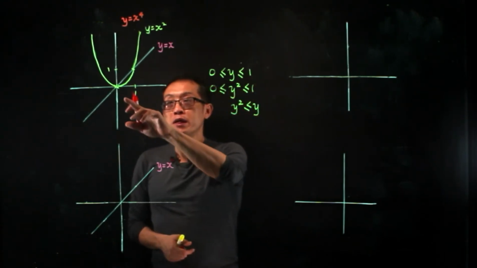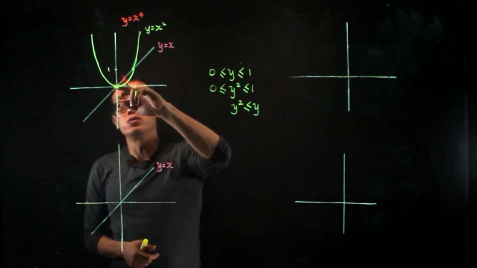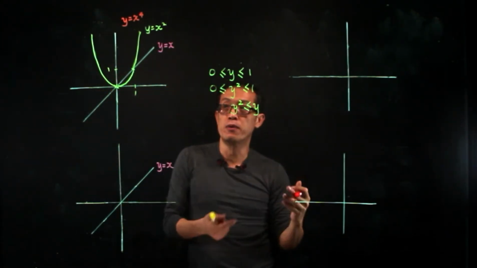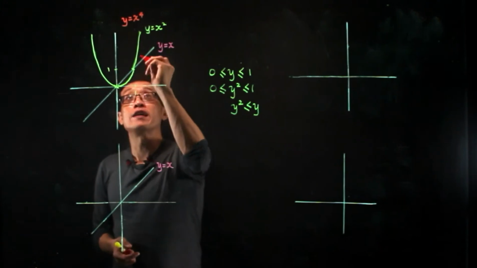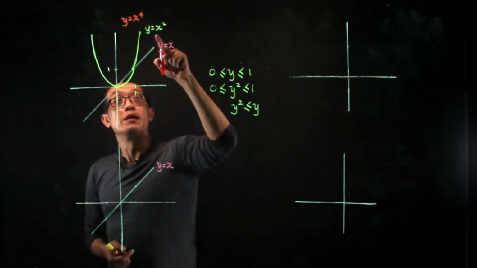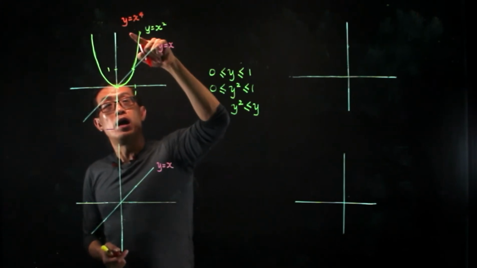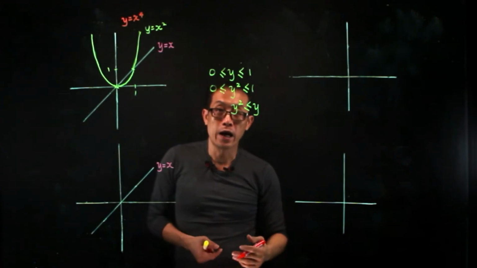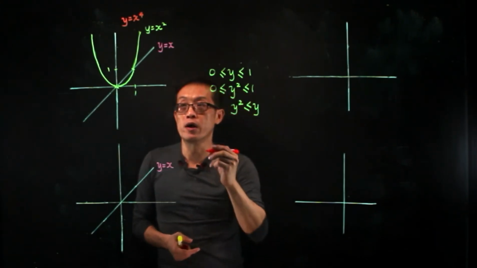Now for anything between 0 and 1, if you square, it will be smaller than itself. So you will find that x to the power of 4 will be less than x squared when it is between 0 and 1.